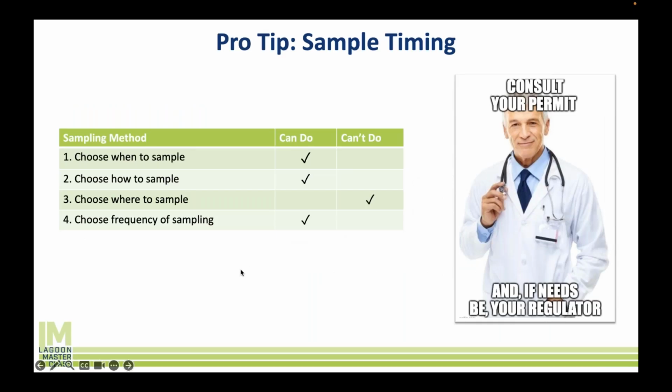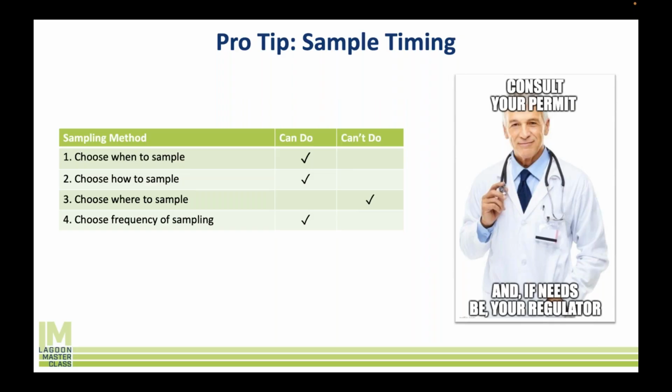So one of the things I would say, when it comes to mitigation strategies, is that I think understanding this algae growth cycle is really important for understanding how and when to sample, and the frequency of sampling. So I think you really got to look at your permit.